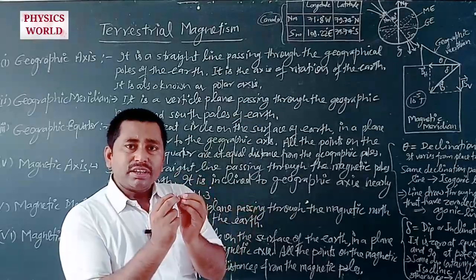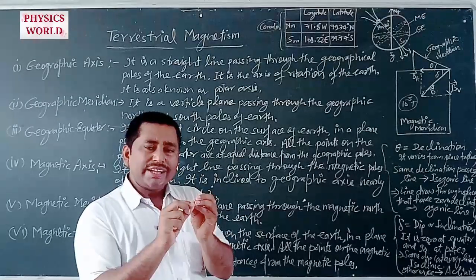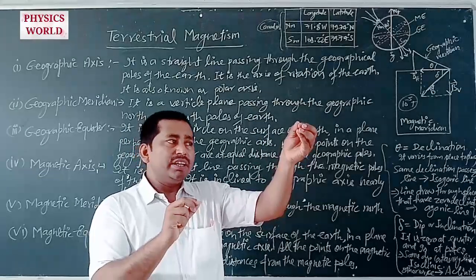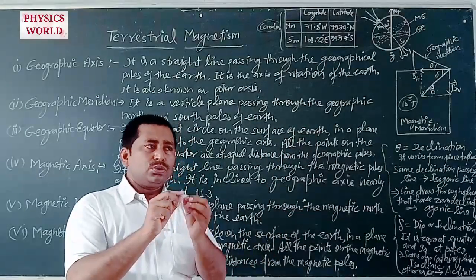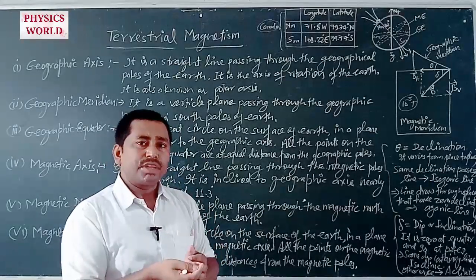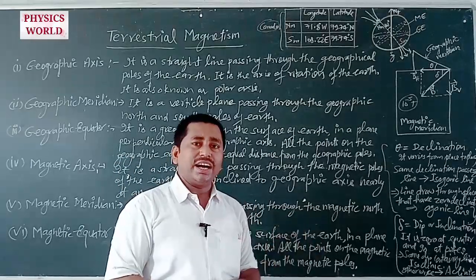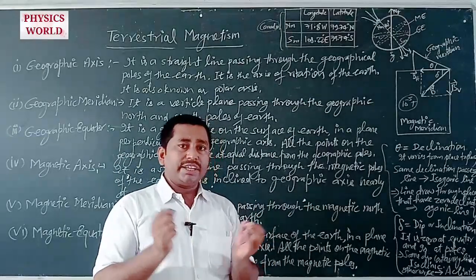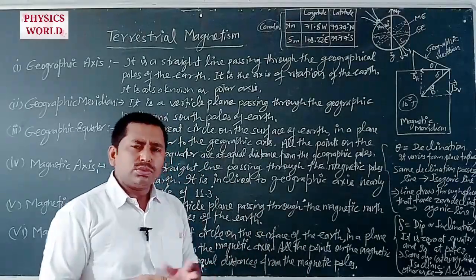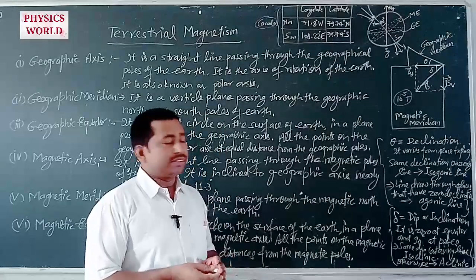So liquid iron and nickel move from the higher temperature part to the lower temperature part, and after cooling they come back. They form a convectional current during this motion, and this motion of the molten nickel and iron forms a magnetic field due to the flow of this electric current. This phenomenon is known as the dynamo effect.